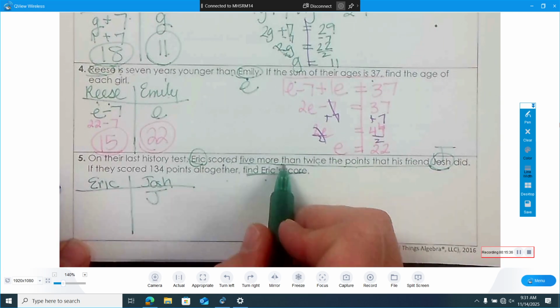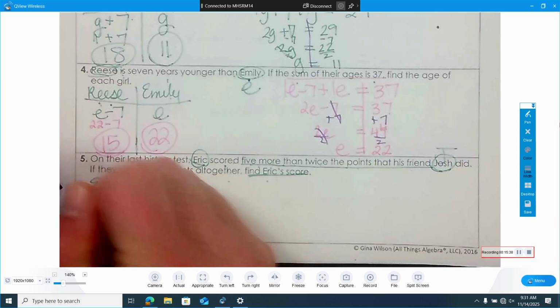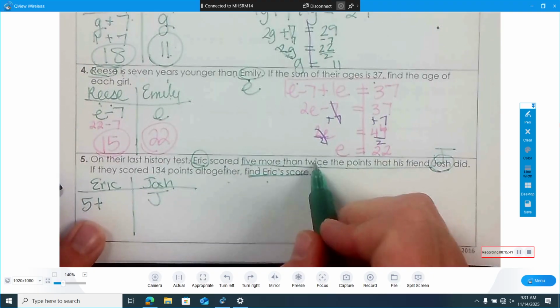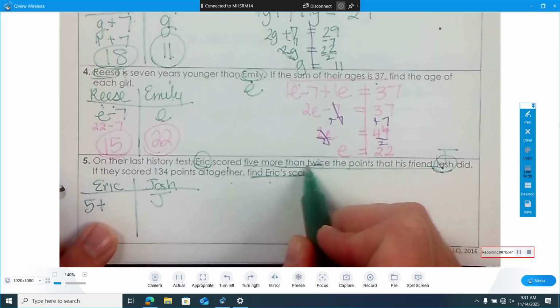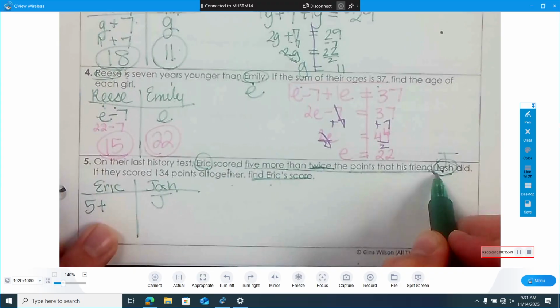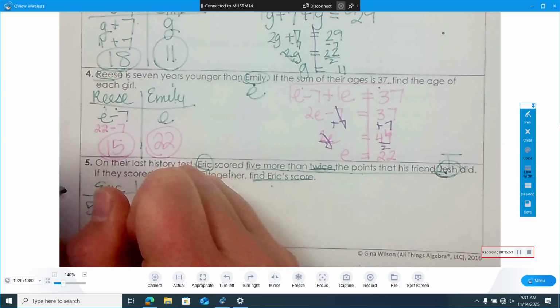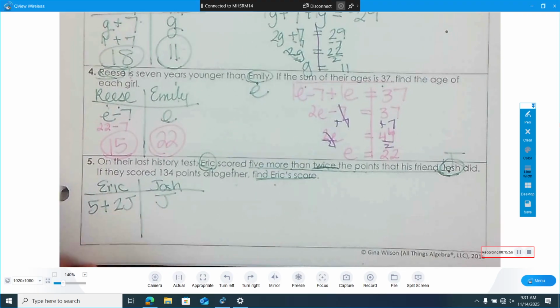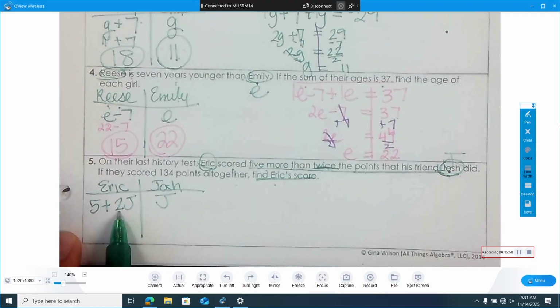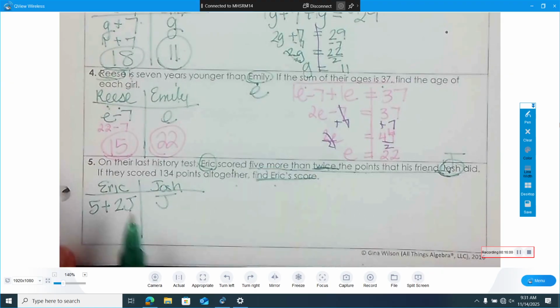Plus 5, 5 more than. We definitely want a 5 more than. So 5 plus twice the points that Josh did. Times Josh by 2. Yeah, twice times by 2. Twice J. Twice Josh's points. So that is 5 more than twice Josh's points. All right.